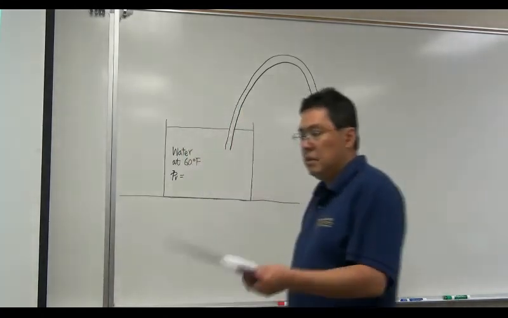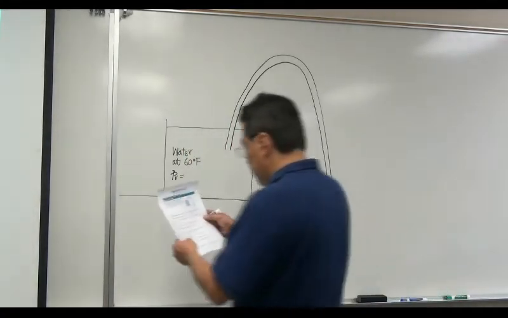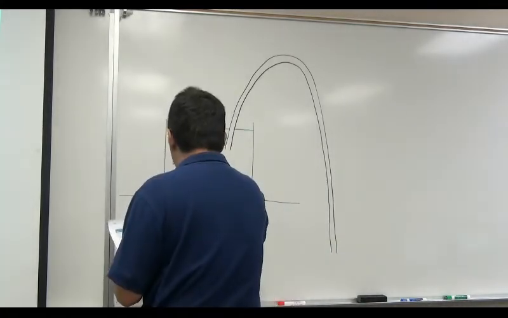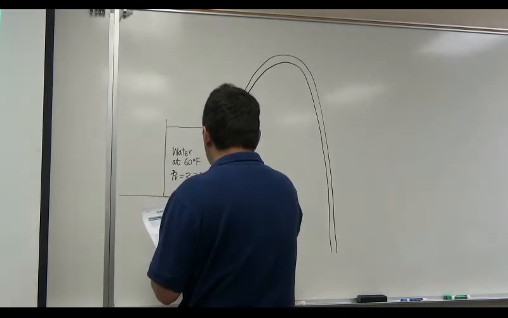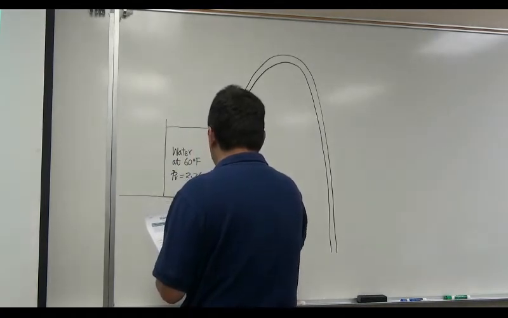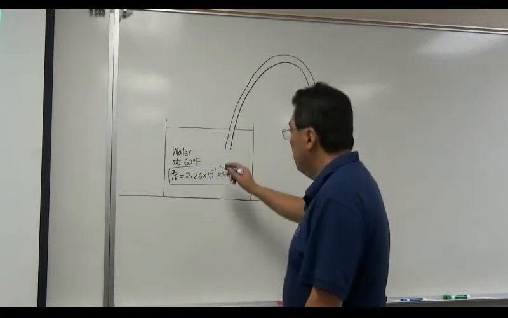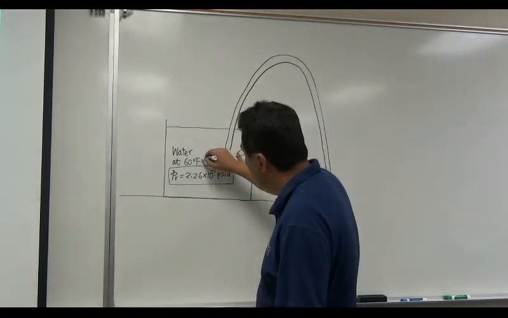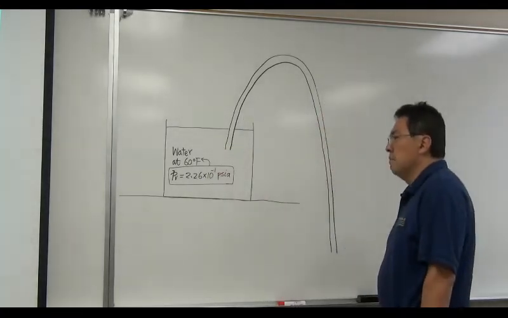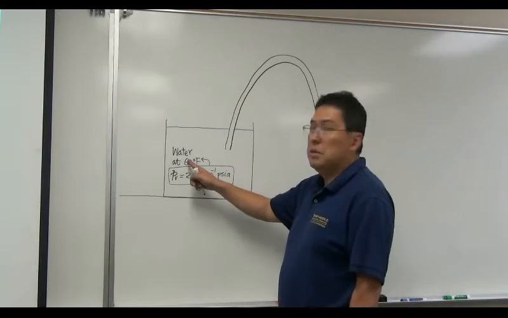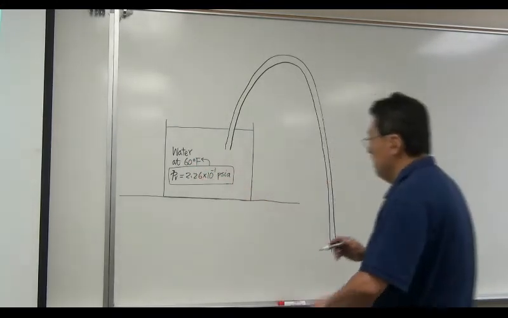You need to look up the table of property, standard property table. It is going to give you 2.26 times 10 to minus 1 psi. This is the vapor pressure if the water is 60 degrees F. Okay? If the water comes with different temperature, this value will be different value. So let's be careful. Okay.